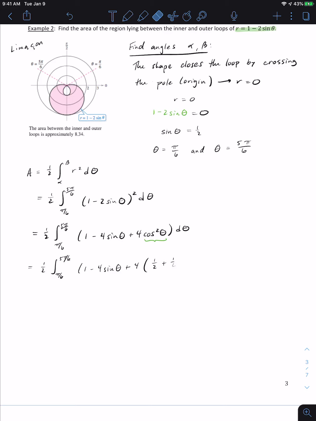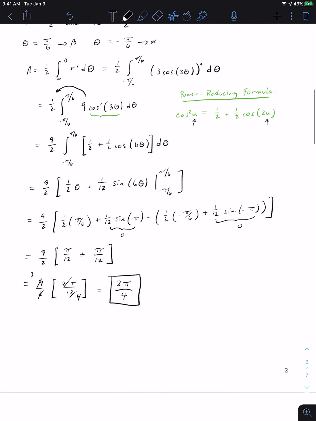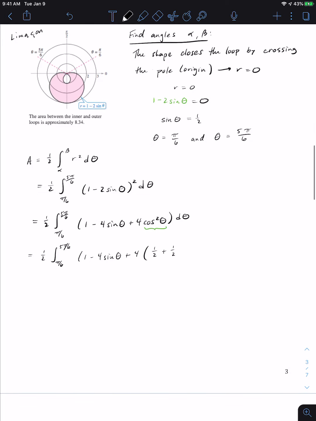The only thing I need to be careful of here is what I do to my arguments. In this case, this is going to be cosine of 2 theta, since what I was squaring was just regular theta.